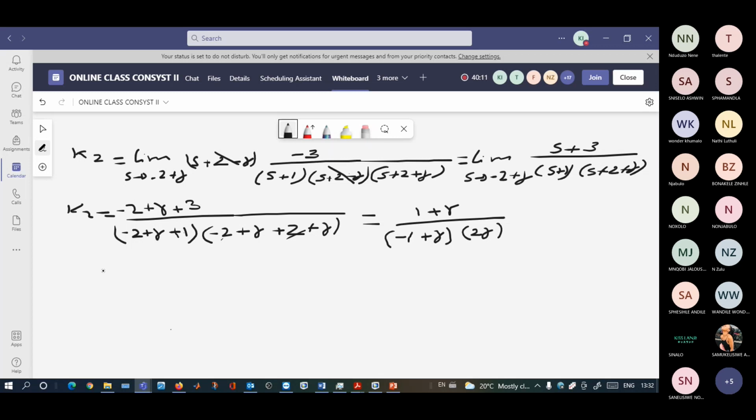So this is going to give us K2 equal to 1 plus j over 2. Okay, so let's now see this one. When we do this, this is going to give us 2j, right?